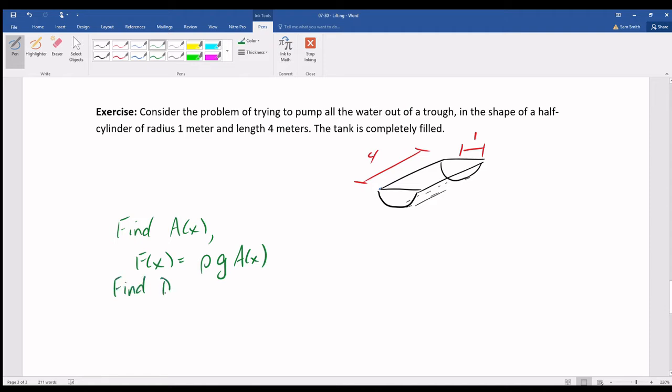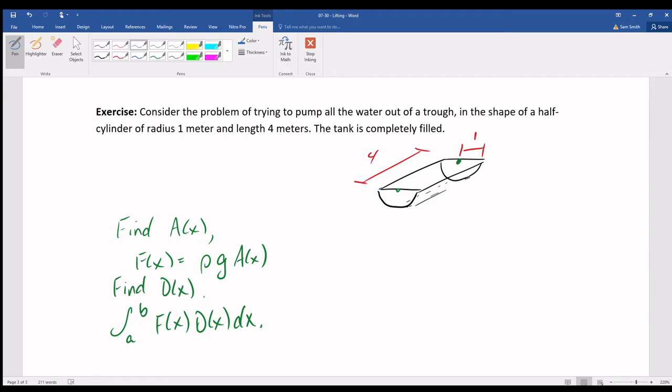And we also need to find the distance that must be traveled by each slice to escape the tank, so that we can integrate from some lower to some upper limit of the product F of x times d of x. So let's consider trying to figure out what is A of x and what is d of x based on this setup. Now, the first thing to do is to figure out what exactly x represents.